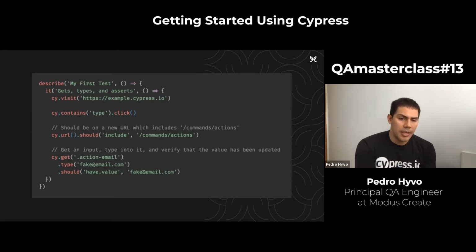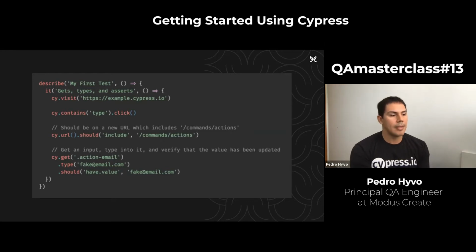So here is a Cypress code example. As you may know, Cypress is built on top of Mocha. For every Cypress spec file, we have a describe, which contains a lot of it blocks, whatever you want.